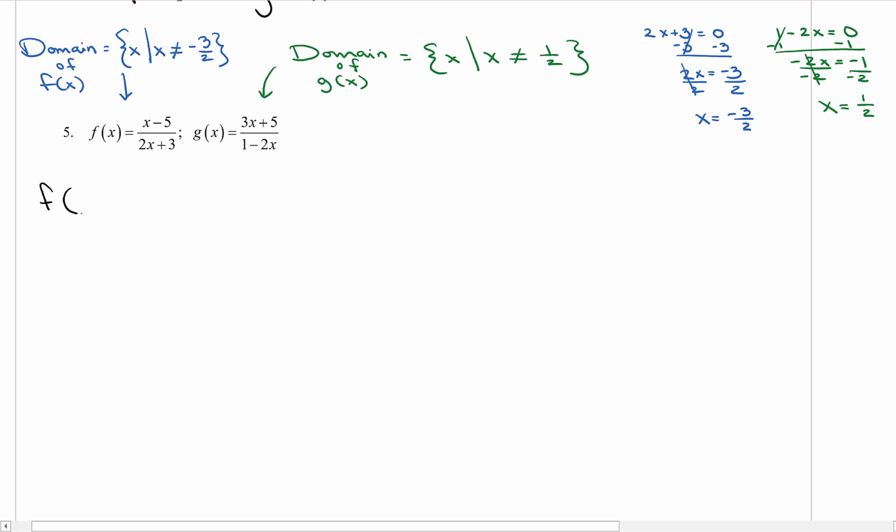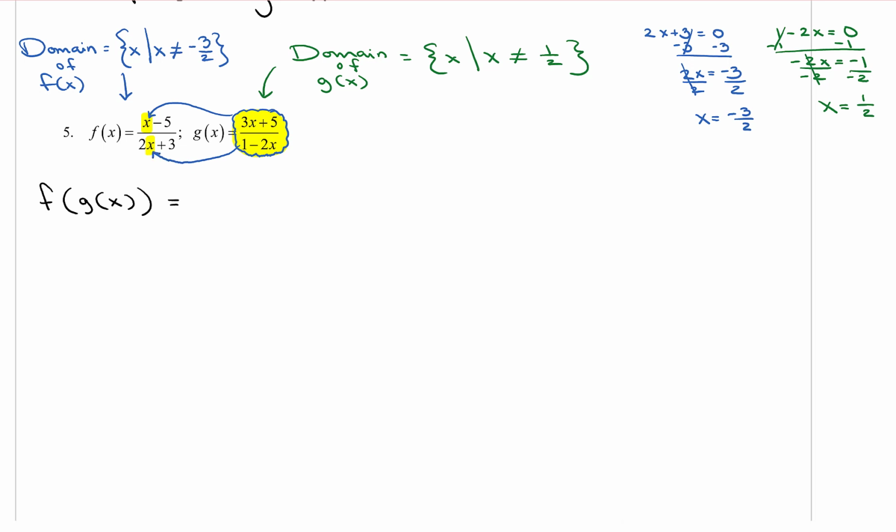And both of those, once I find those two compositions, they should both be equal to x. Let's find f of g of x first. So this means g of x is my input function. I'm going to input (3x plus 5) over (1 minus 2x) into every time I see an x in f of x. So it's going to go into this x in the numerator, into this x in the denominator. Let's do it. Let's see what we get.